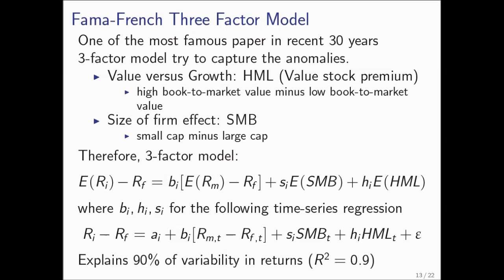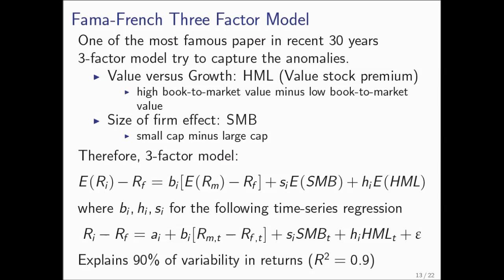One anomaly is value versus growth, and they consider the value stock premium, which says companies that have a high book-to-market value tend to perform better than companies that have a low book-to-market value. And the other one is the size of firm effect, SMB. It suggests that small firms with a smaller capitalization tend to perform better than larger firms.